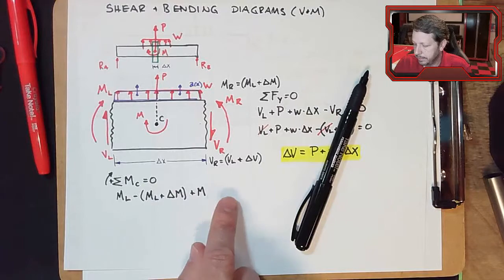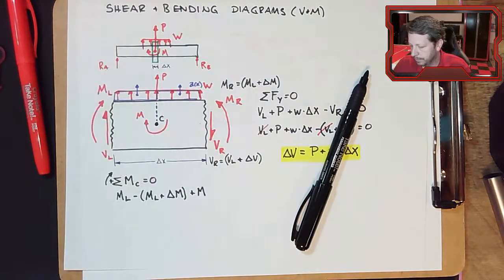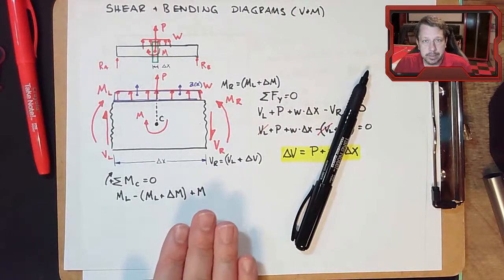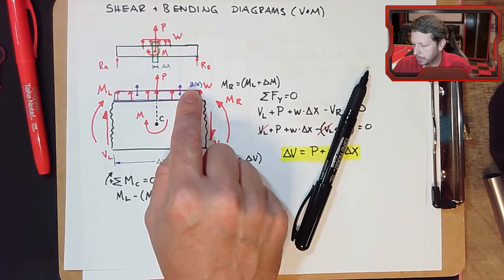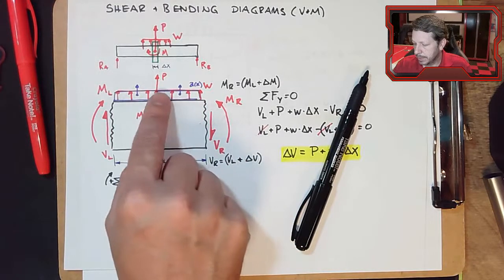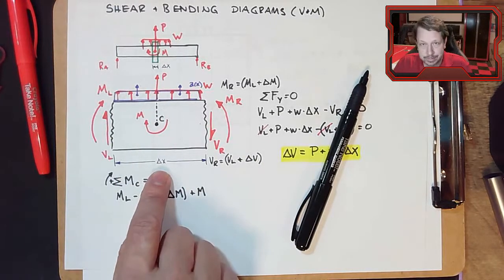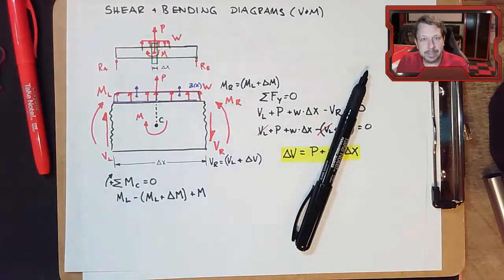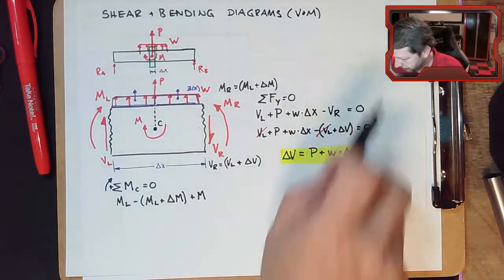You could write a function of x times w and half it up and figure out what moment it creates, but I'm not going to bother, because I've got a function of x multiplied times whatever moment arm I end up with, which is a fraction of delta x, and I'm going to send delta x to 0, so it's going to accelerate to 0 faster than anything else in my equation, so I'm not even going to write it down.